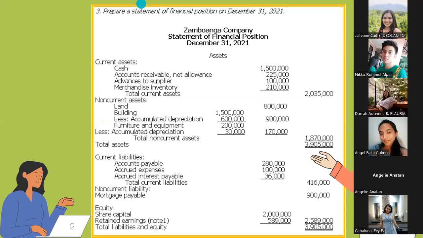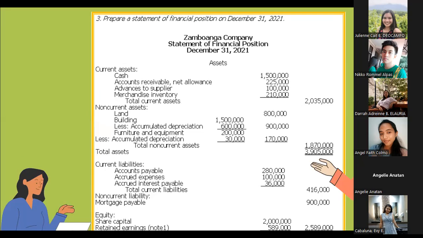So for number 3, prepare a statement of financial position on December 31, 2021. This is Zambongo Company Statement of Financial Position, December 31, 2021. So the current asset, cash is 1,500,000.